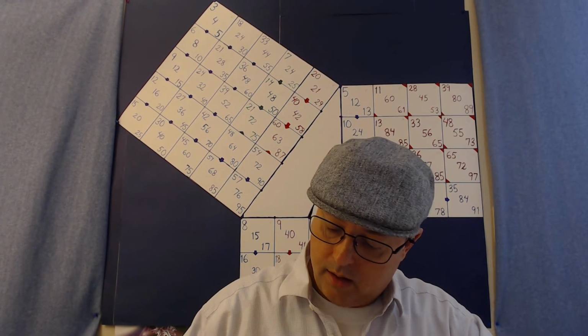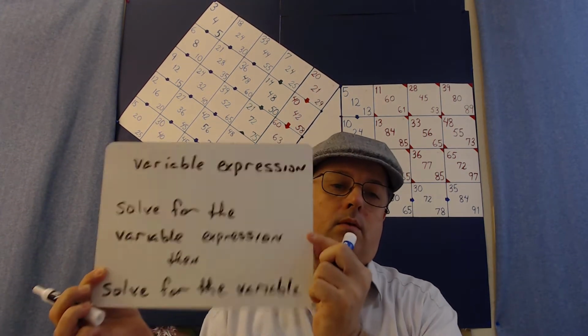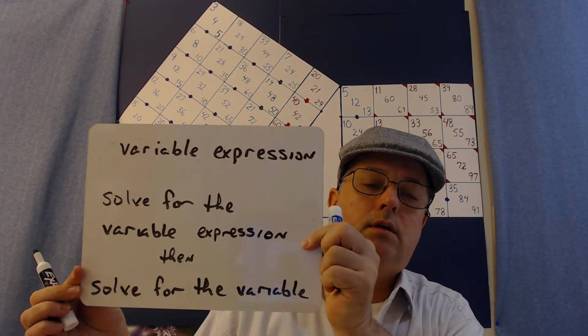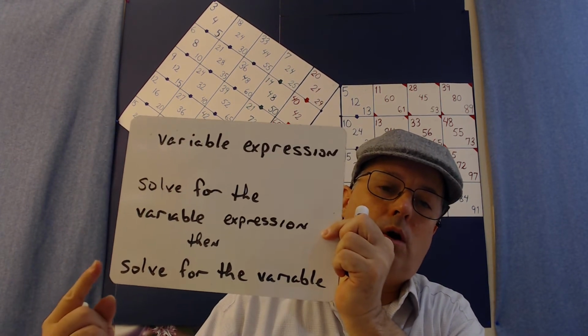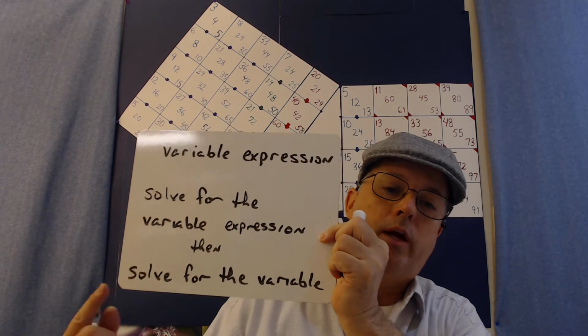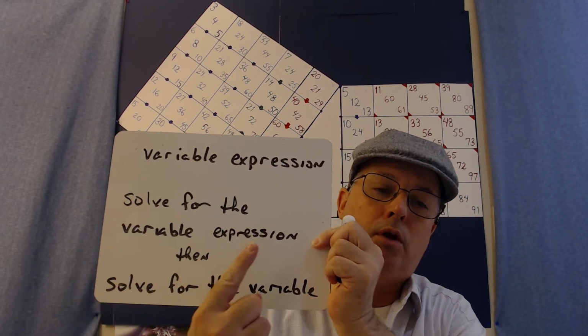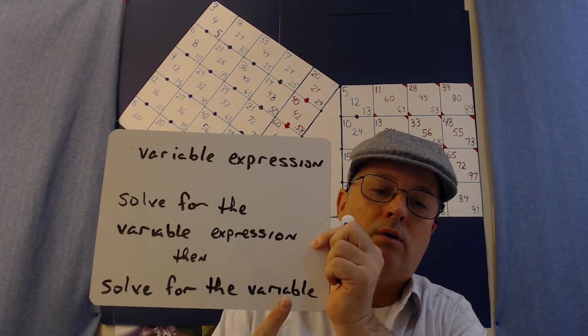Then solve for the variable. Okay? So this is the approach that you want to take when solving logarithmic equations: solve for the variable expression, then solve for the variable.